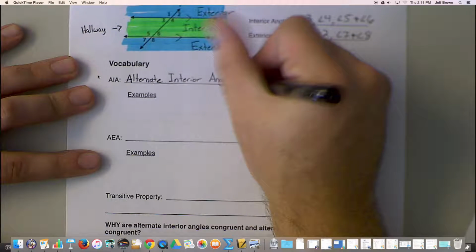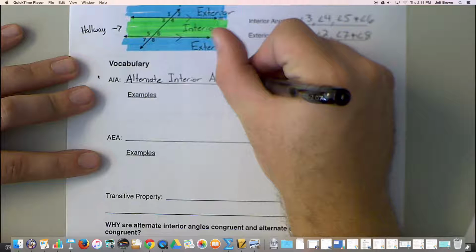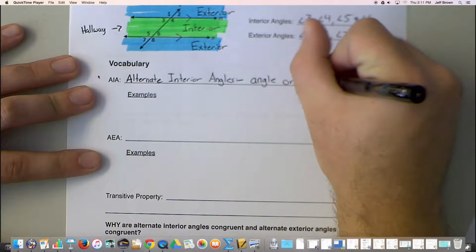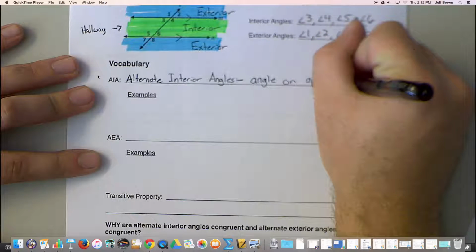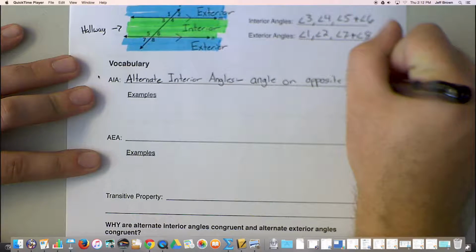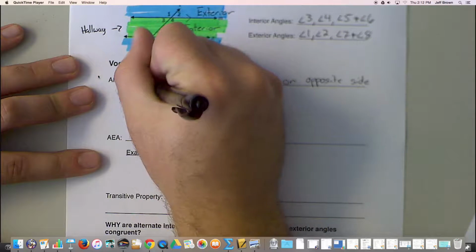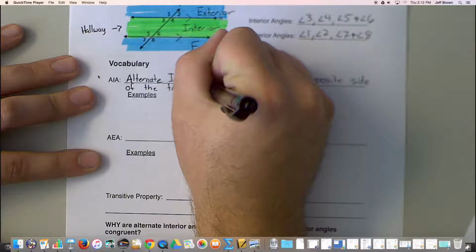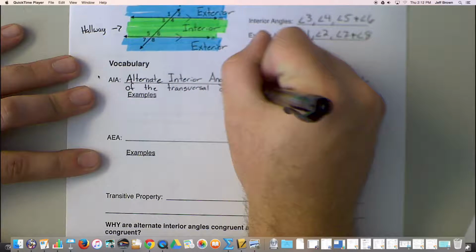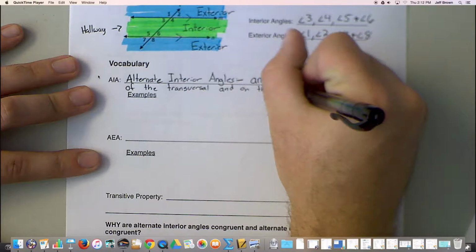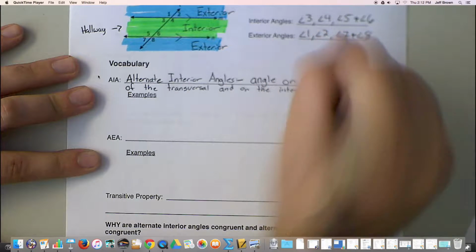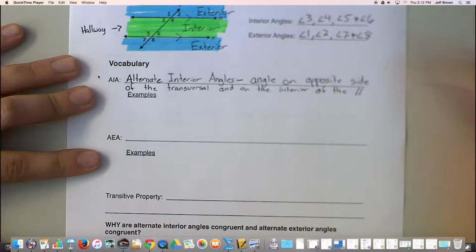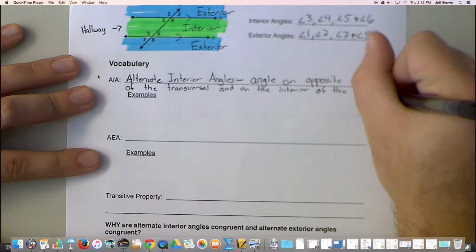So our definition here: alternate interior angles are angles on opposite sides of the transversal and on the interior of the parallel lines. I'm going to use that symbol there for parallel lines.